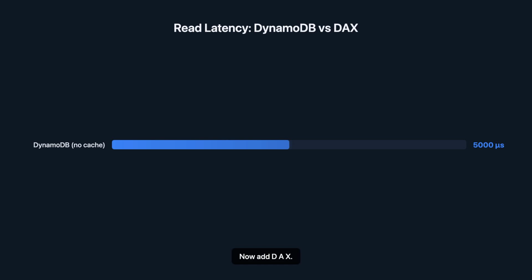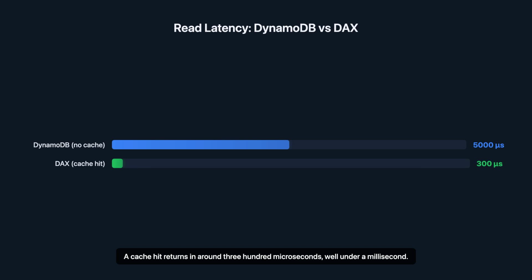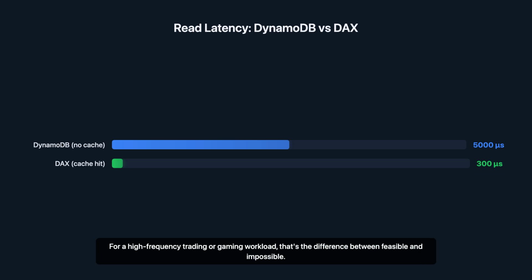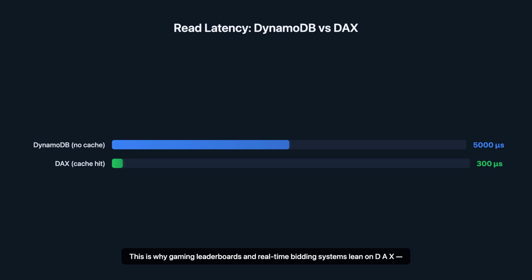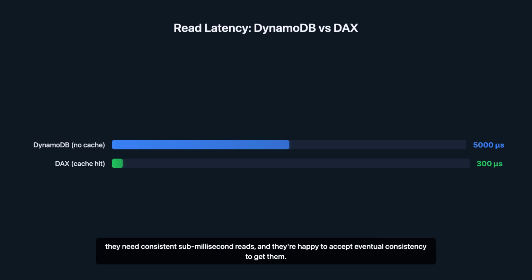Now add DAX, a cache hit returns in around 300 microseconds, well under a millisecond. For a high-frequency trading or gaming workload, that's the difference between feasible and impossible. This is why gaming leaderboards and real-time bidding systems lean on DAX. They need consistent sub-millisecond reads, and they're happy to accept eventual consistency to get them.